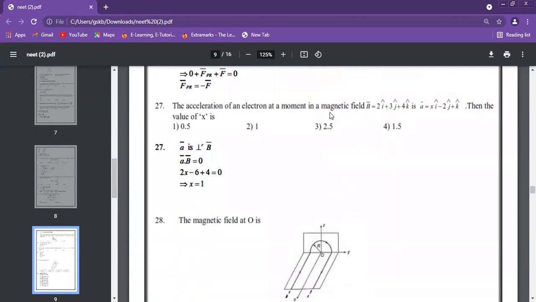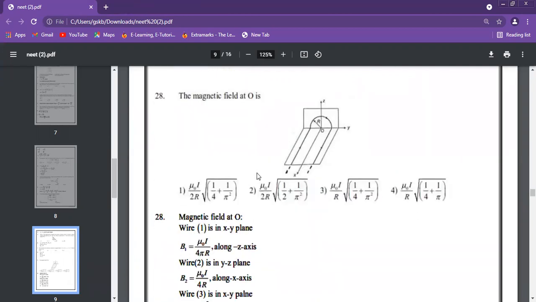If they give the field, they give the acceleration. So if these two are perpendicular to each other, the dot product should be equal to 0. So 2x minus 6 plus 4, so we can find x. This problem is there in the NCERT textbook.